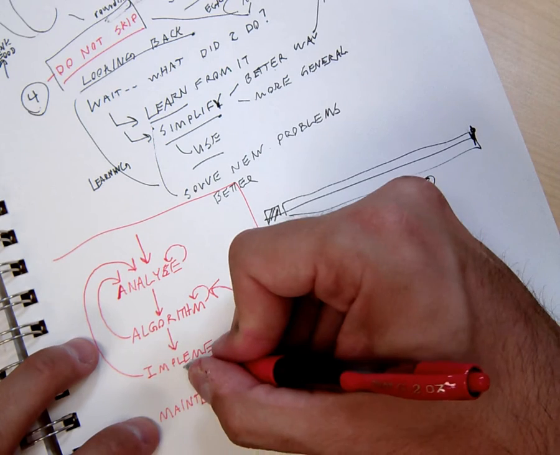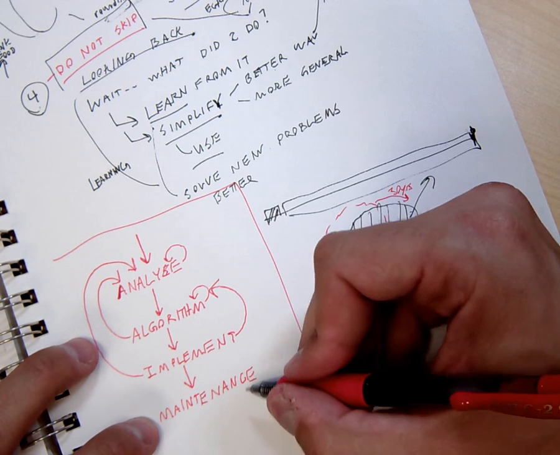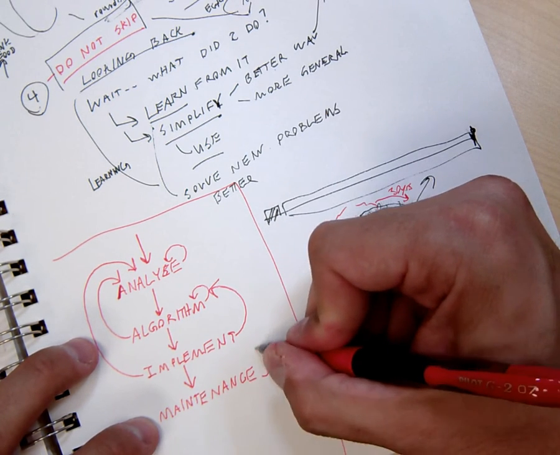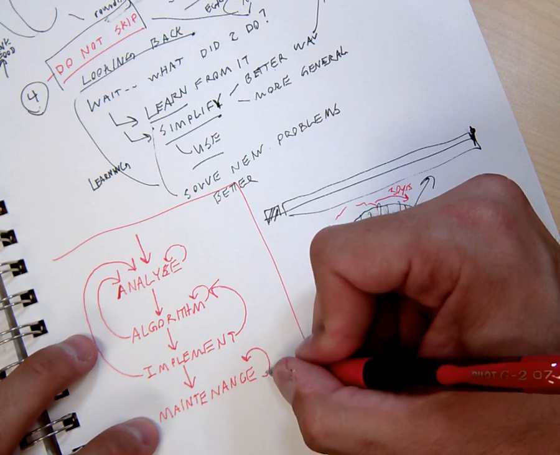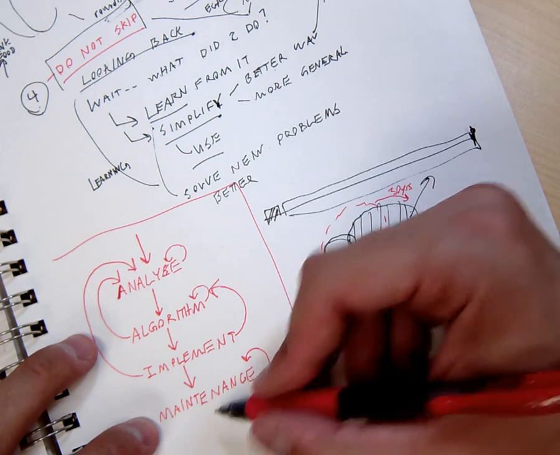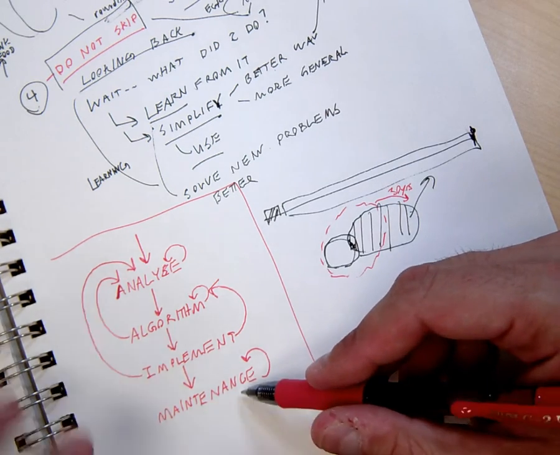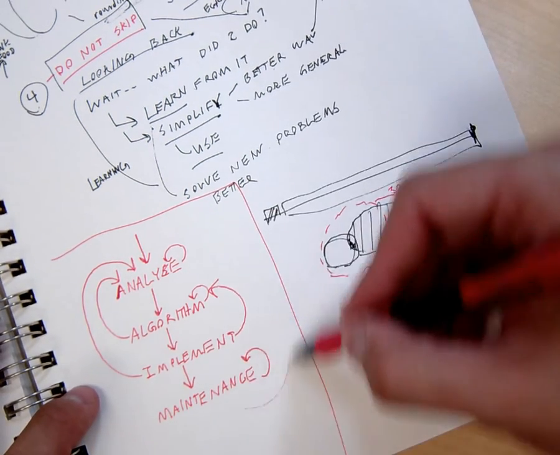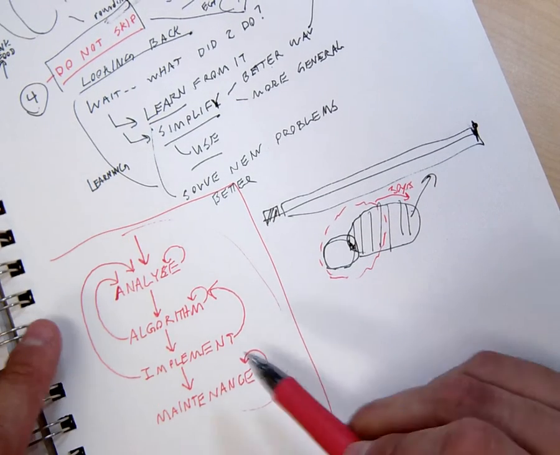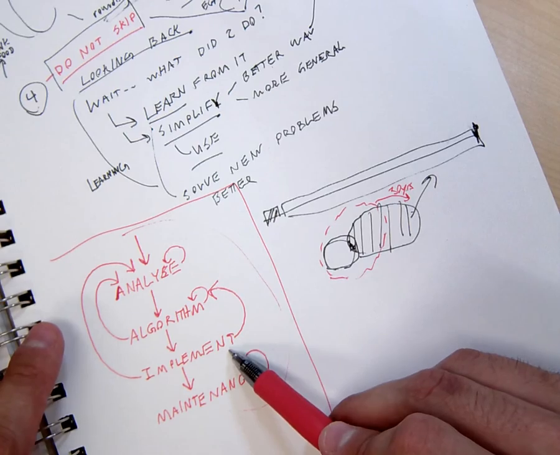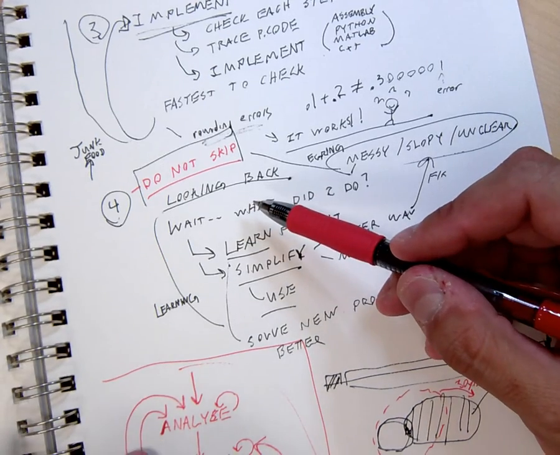And then once I think I've got an implementation, we go into this maintenance phase. In the maintenance phase, you keep simplifying and using it. And at this point in time, if you feel like you need to change the problem, you can start the whole process again. So this is sort of a software engineering type of lifestyle that correlates to Polya's approach.